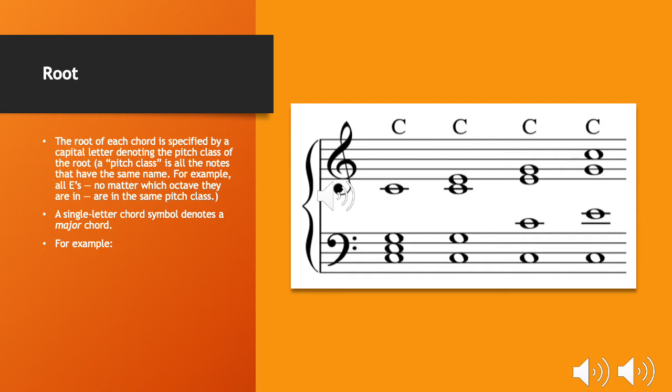For example, all of these chords here are C major chords. They share the same root of that C, but the subsequent tones of the chord are all in different places. Here is what these chords would sound like.